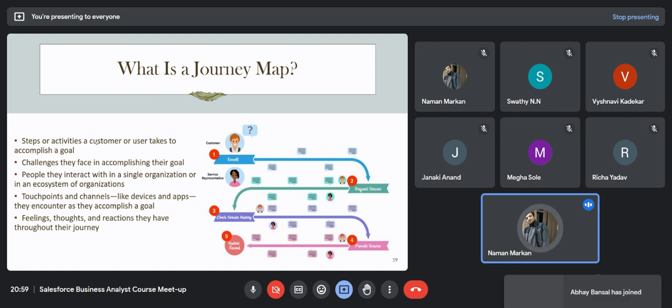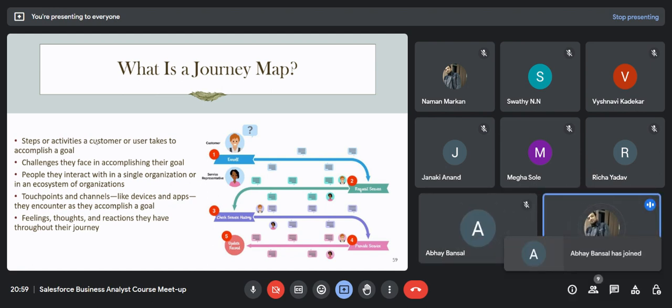And we looked into the people who interacted with that customer, since in a single organization there may be different people who talked with the single customer. Then we looked into the touch points, or channels, where the customer encountered a hurdle or issue in order to accomplish a goal, whether they are using certain devices or applications.